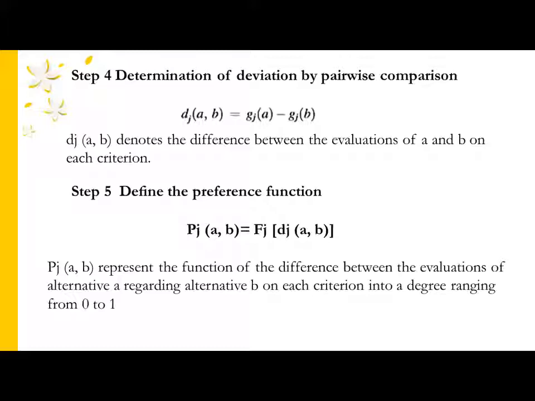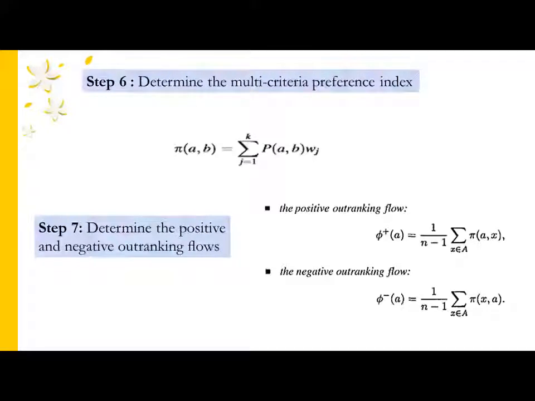In the forthcoming hands-on session, we will be dealing with a quite common preference function. Then in step 6, we find the multi-criteria preference index, that is, which alternative should be preferred over another alternative. Then you find the positive and negative outranking flows.